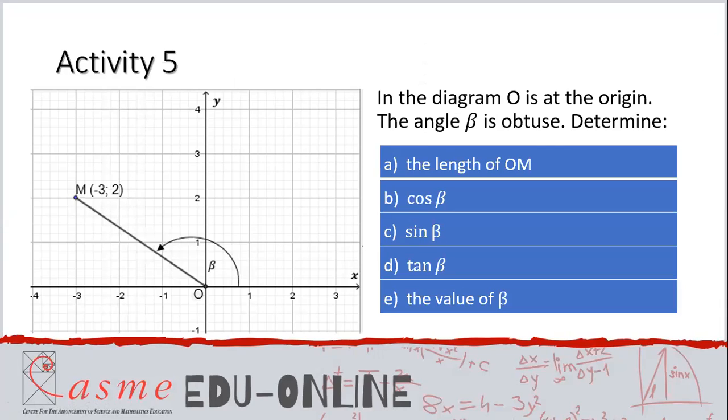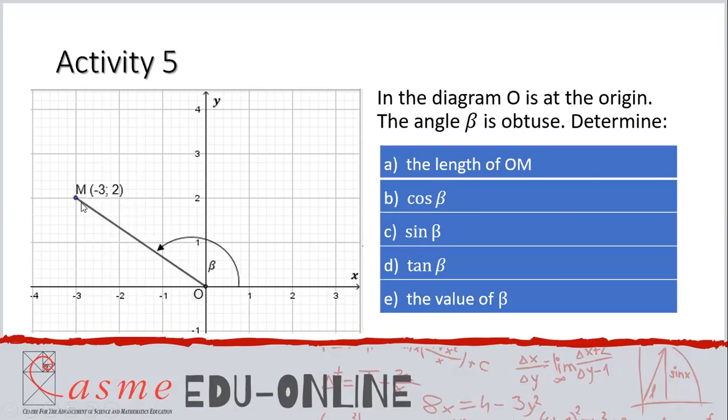So the beauty of defining these ratios using the Cartesian plane is that now we're not confined in terms of the angles. For instance, here in the diagram, O is at the origin, and the angle beta is obtuse. Now we must find the length of OM. In the same way, we know what our x coordinate is, we know what our y coordinate is. So how do we find the length of OM?